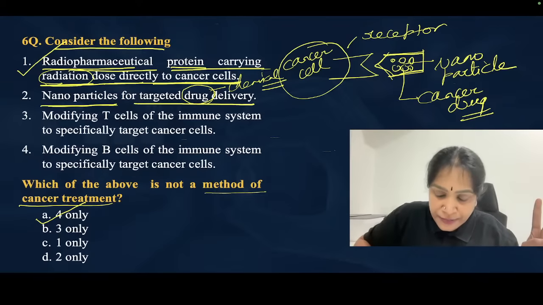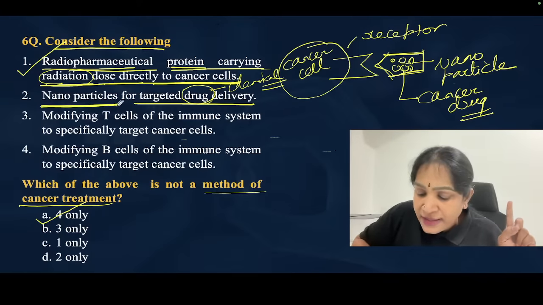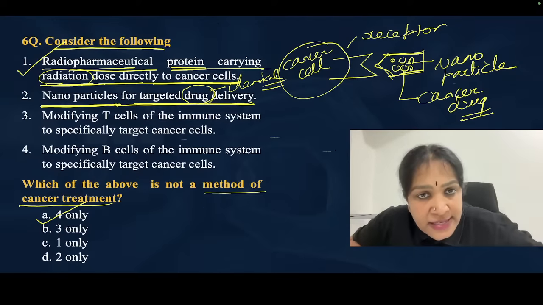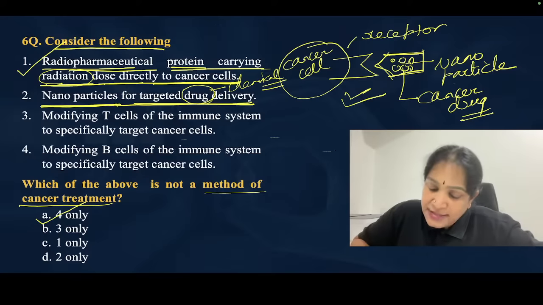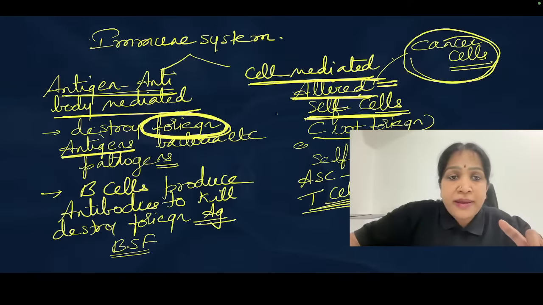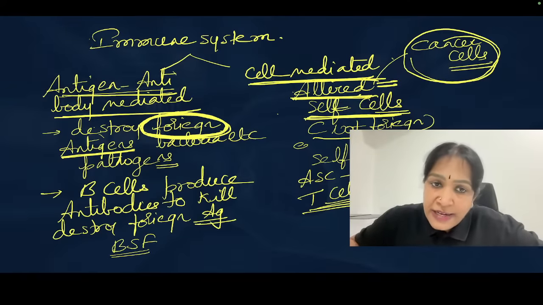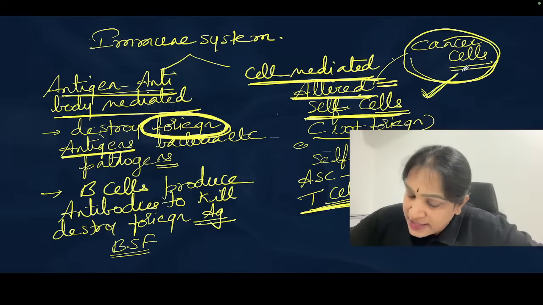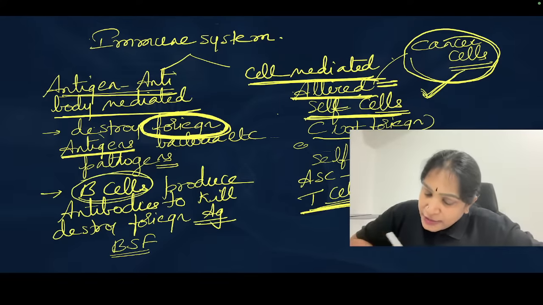Can the nanoparticles carry the chemical drugs in a targeted way to the cancer cells? Yes, like this. Correct. Then, if you remember in this slide, I explained that T cells are to kill the cancer cells. B cells are to kill the foreign antigens.